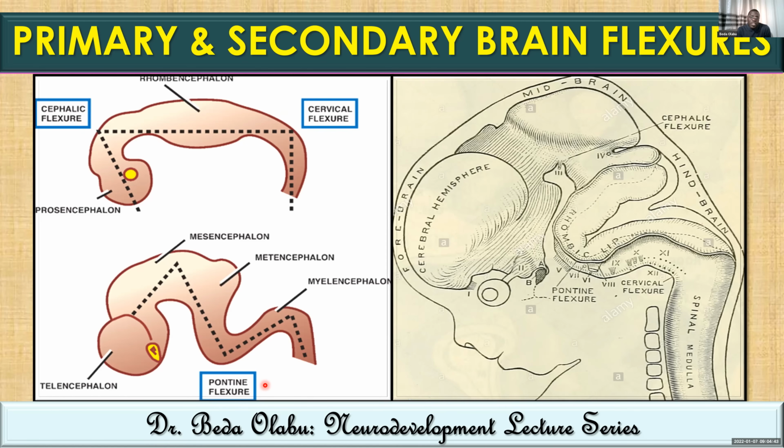So the take-home message is that pontine flexure is a secondary flexion, and it's on the dorsal aspect of the pons, while cephalic and cervical flexures are primary flexures. They are ventral flexions occurring at the level of mesencephalon and the junction between the brainstem and spinal cord.